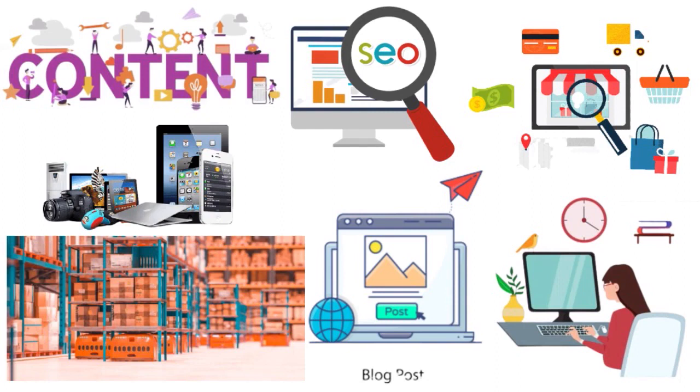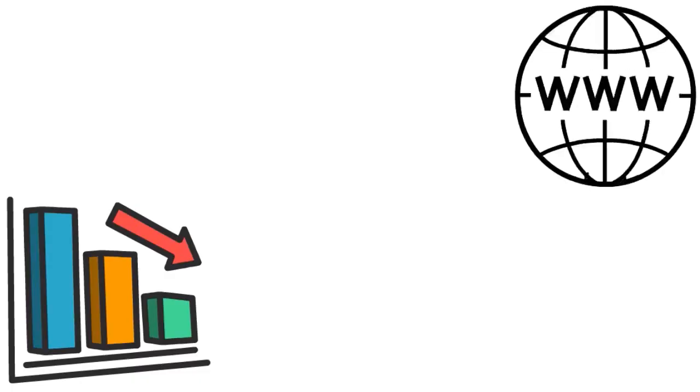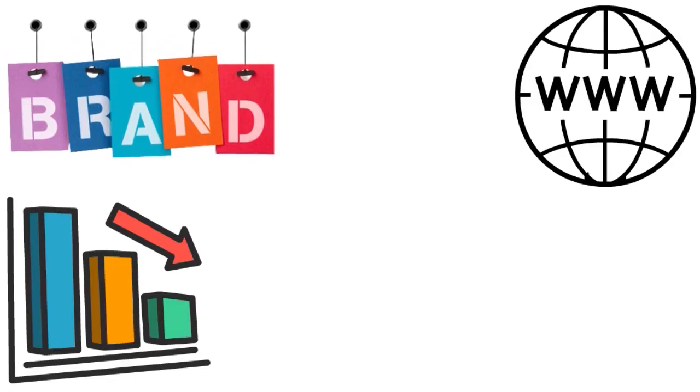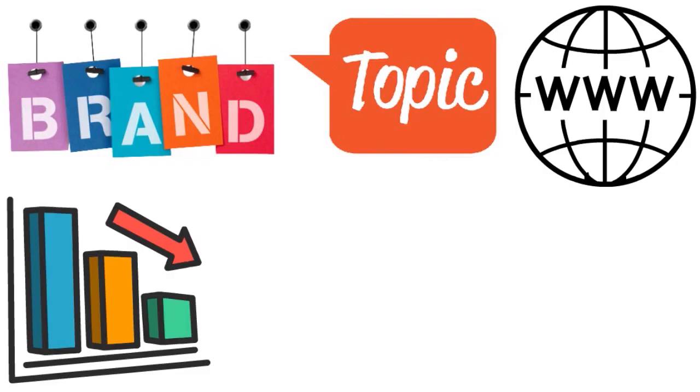You have to think about reducing your site bounce rate, so people spend more time on your site. You have to think about having the ability to increase your brand authority. You need to increase your leadership on specific topics, so that gradually you can start building an audience.